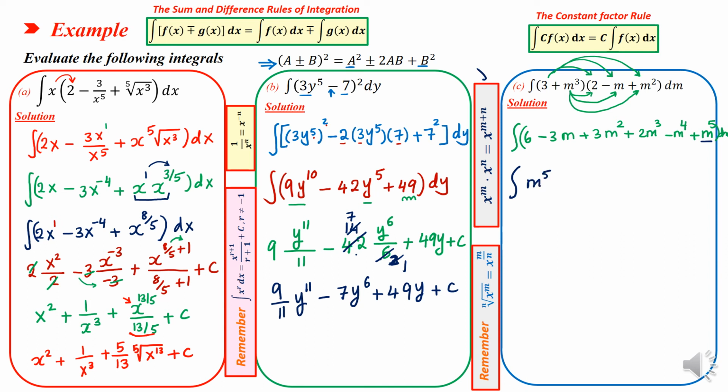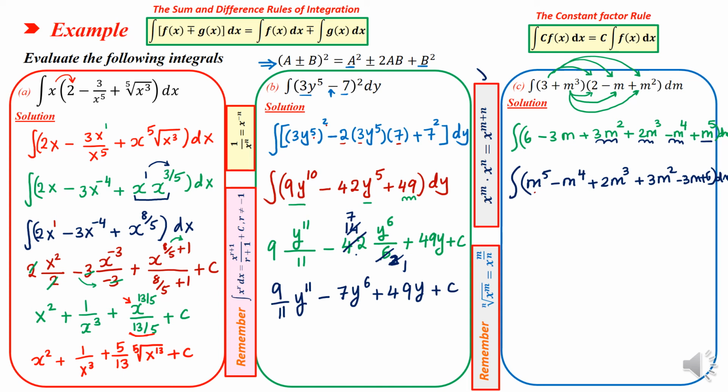Then we have m to the 4th power, and we don't have any similar term with this term. Then we have 2m cubed, no similar terms. Then 3m squared minus 3m plus 6 dm. So you can directly start the calculation of this integration.